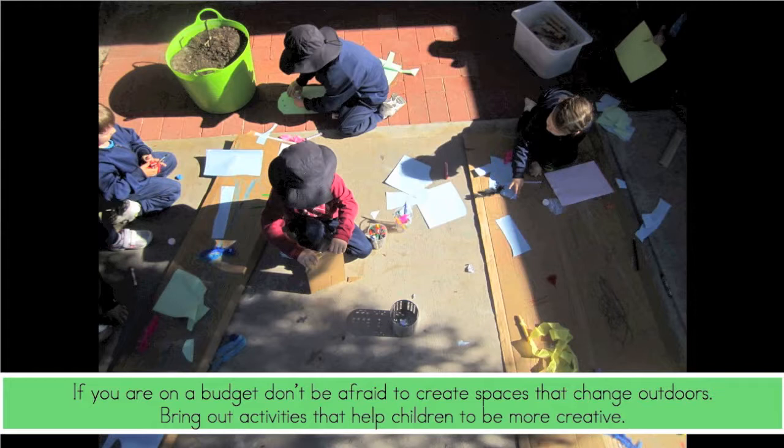If you don't have the benefit, and we don't where I am, of having a huge big playscape, playground, lots of money and all of that, well, we have to make the best of our situation and bring resources into our outdoor space that are going to give children the opportunity to play creatively, to have open-ended tasks, to involve risk-taking. So you do have to be quite imaginative.